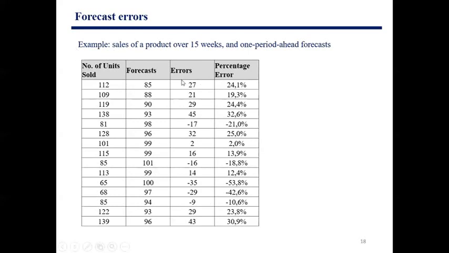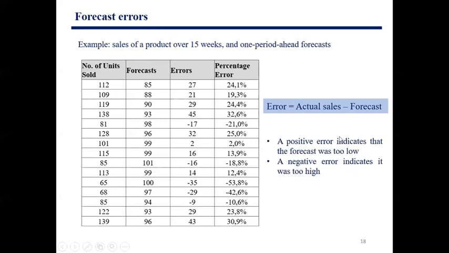So what's the error in forecasting? The error is just the difference between the actual sale and the forecast. You can see here in the first week, it's 112 minus 85, which gives 27. I will talk after about the percentage error.